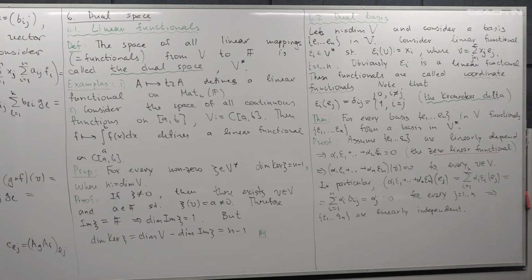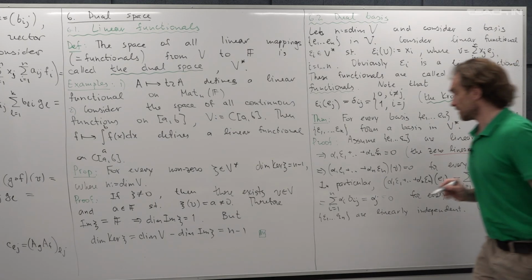And the second thing that we need to prove is to show that any linear functional can be expressed as a linear combination of these functionals. So consider an element of the dual space.